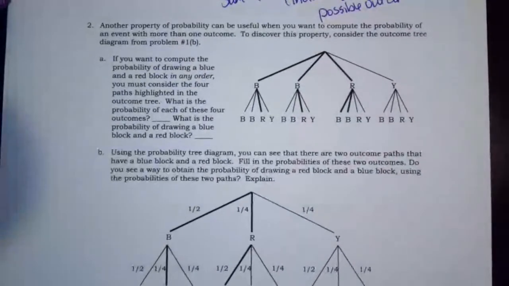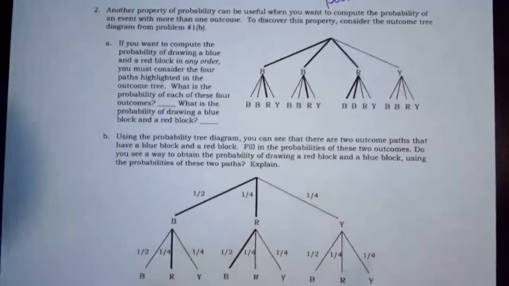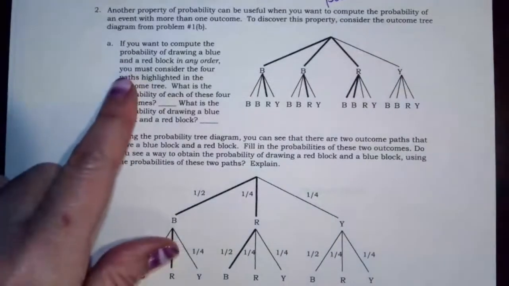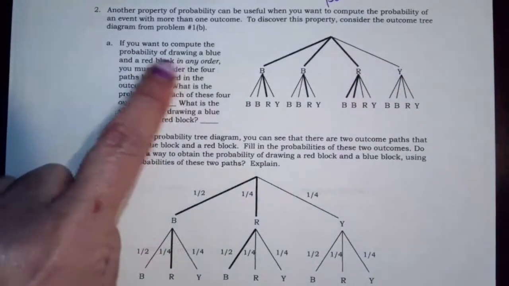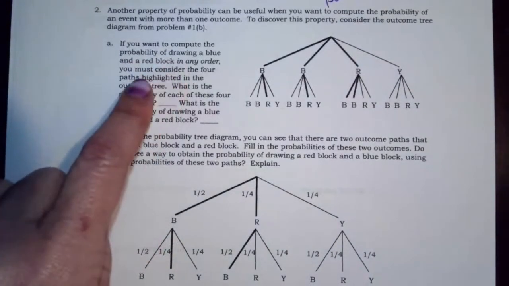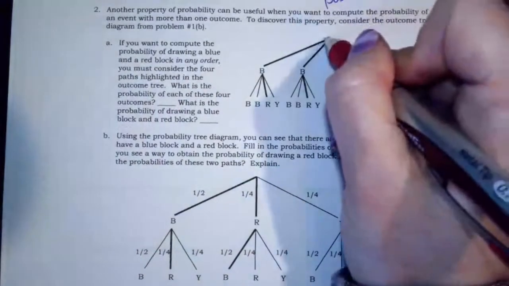All right, number 2, this next section wants to emphasize to us that we have simplified our tree diagram when we condense it by using probabilities. If you want to compute the probability of drawing a blue and a red in any order, I would have to consider these 4 different paths.